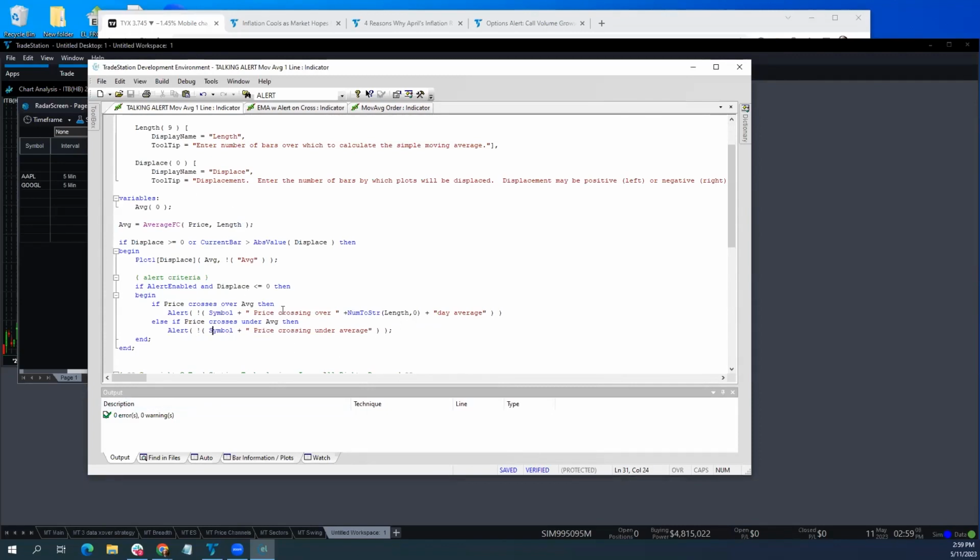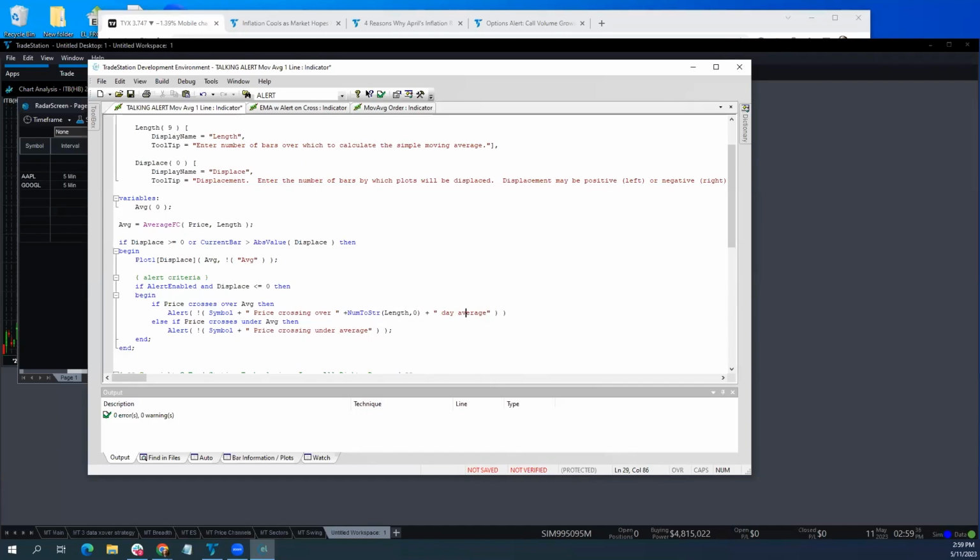It will then create a custom little string that will say AAPL price crossing over length, which is the 9 moving average. It'll take that, it'll turn the number into a text. And I'll put one more space there, right? 9-day average or moving average, whatever you want to do. You can then change it, and you can do different names.